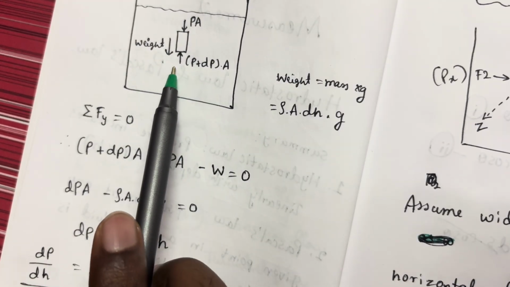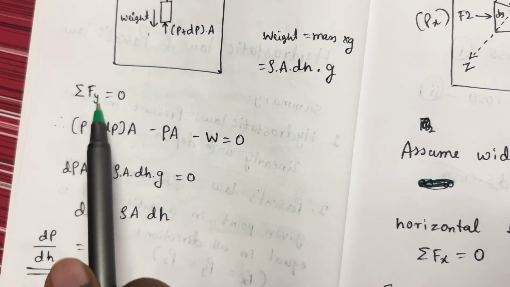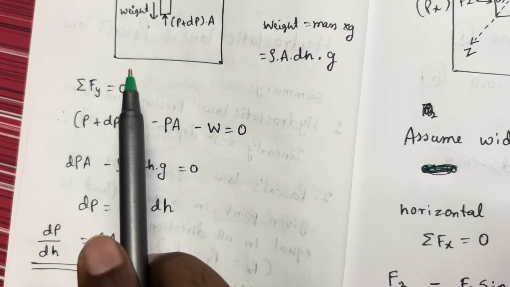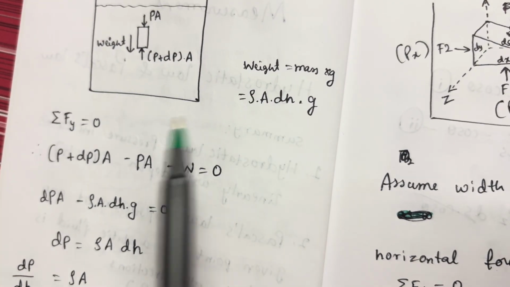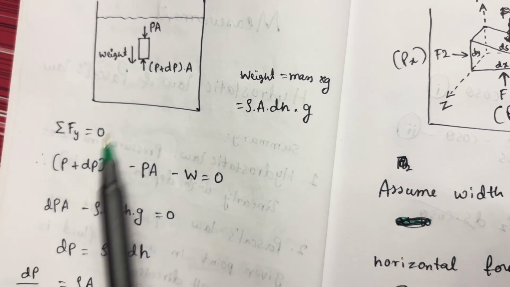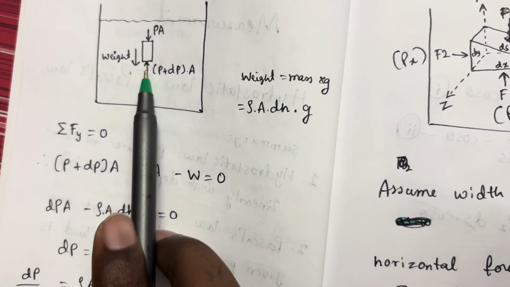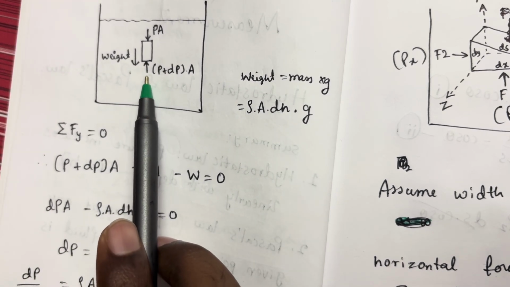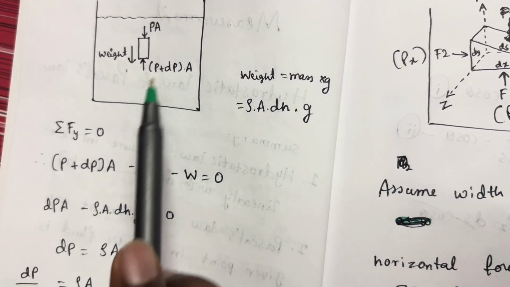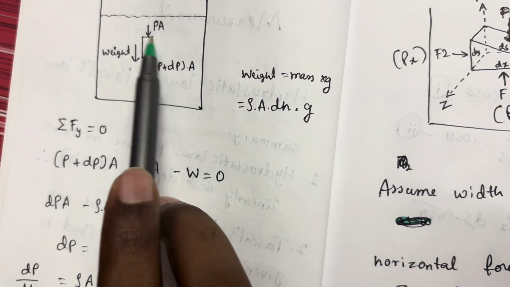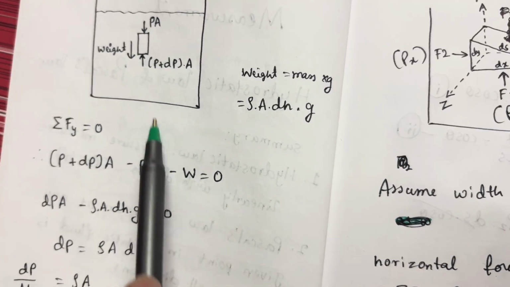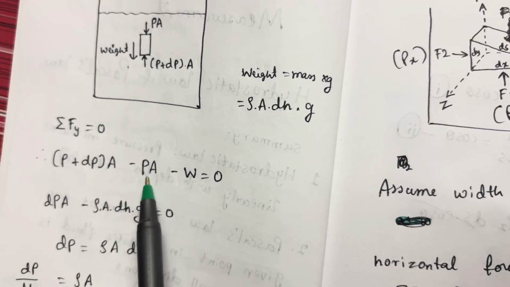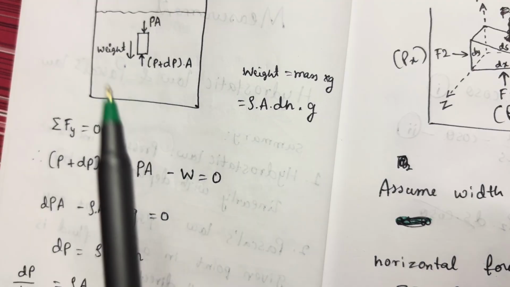Since the cylinder is in equilibrium, the total vertical force acting upon it is equal to zero. So how do we write it down? In this direction we have the force (p plus delta p) times a, and the other two forces are in the opposite direction, so we subtract them, and minus weight, equal to 0.